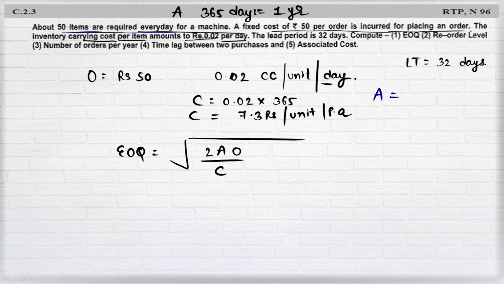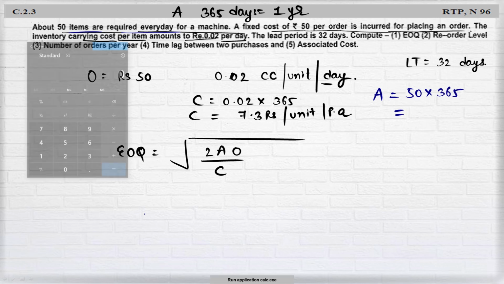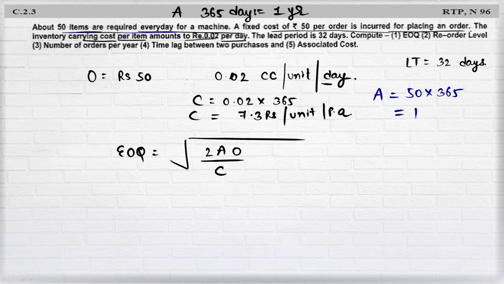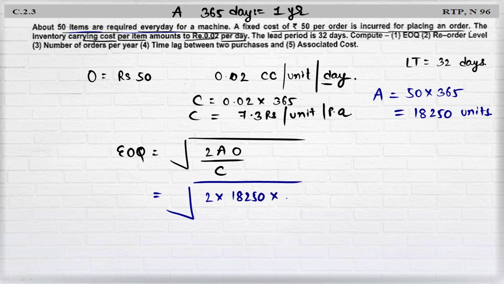50 items are required every day. So A will be 50 into 365. It is 18,250 units. My EOQ will be under root 2 into 18,250 units into O is 50 divided by C is 7.3, under root.